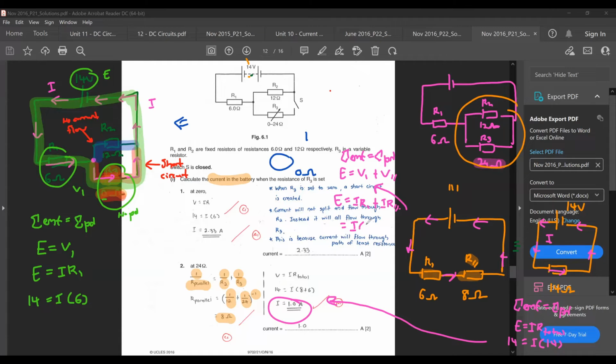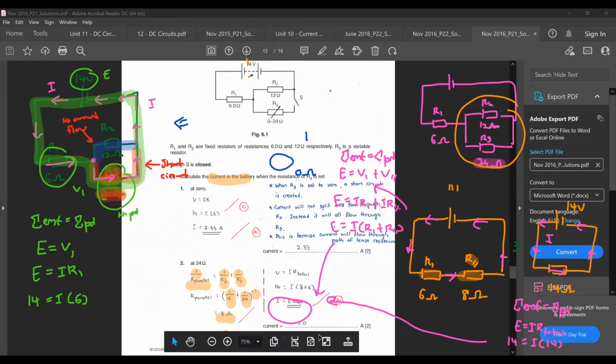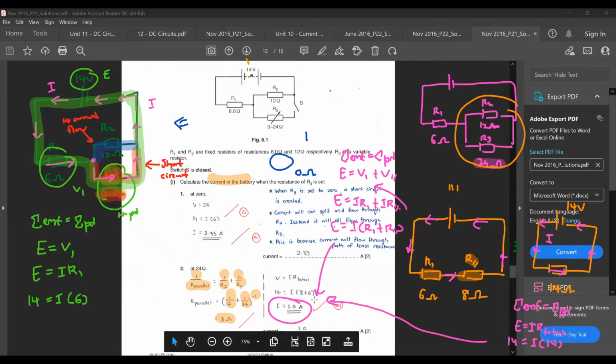So you will get back this answer. It doesn't matter which one you want to use. Just use the one that you're most comfortable with. Just follow the proper rules and you should be fine.